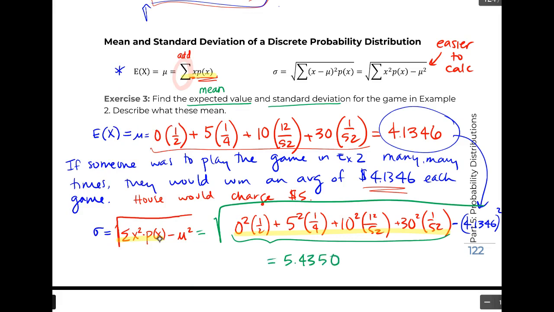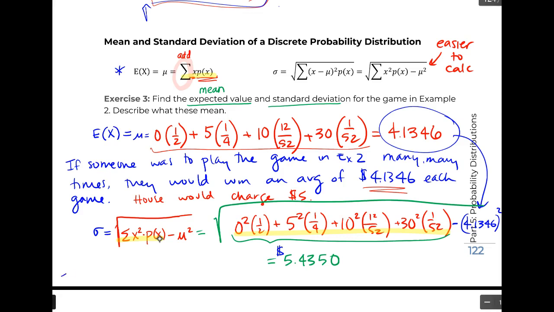So this still has the same units in terms of its interpretation. It still has dollar signs. It's how much variability we expect to see. Remember, we don't expect to see things much outside of 2 or 3 standard deviations from the mean. In fact, back in part 2, we had Chebyshev's rule, which gave us some cutoffs, even for something that wasn't symmetric, which this is not.